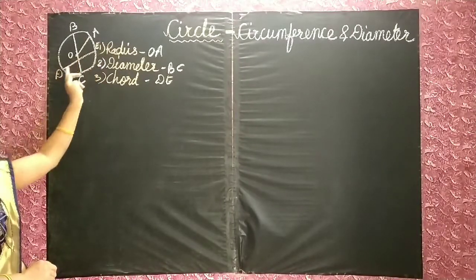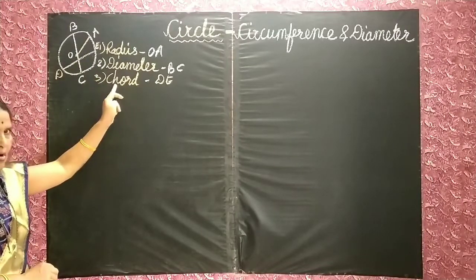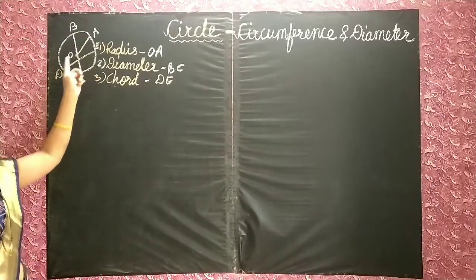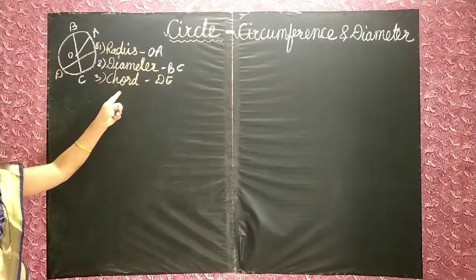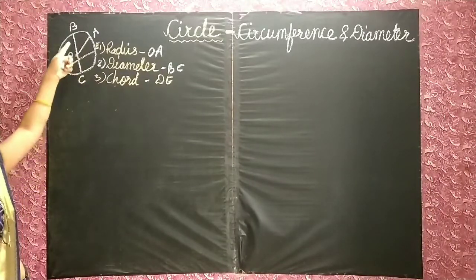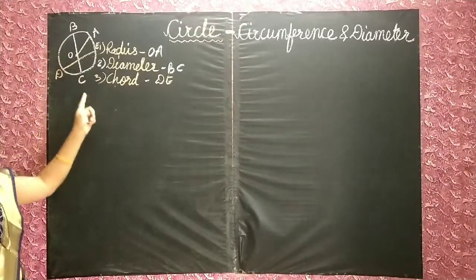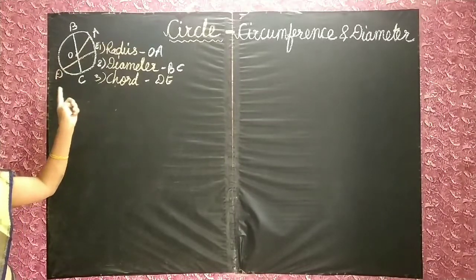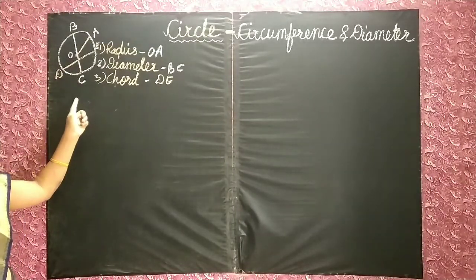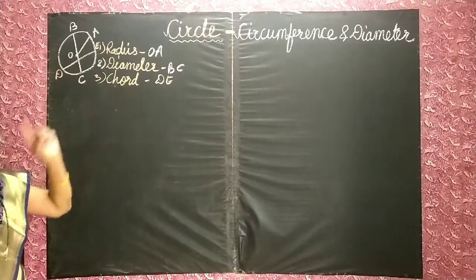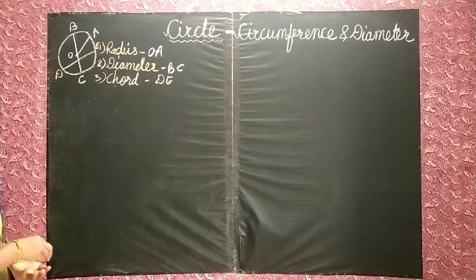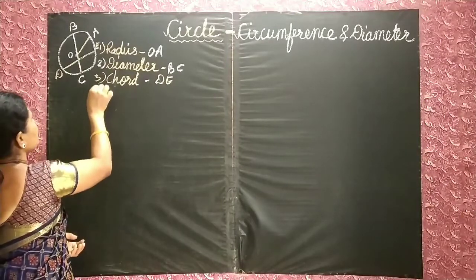Suppose DE is a chord of the circle. D and E are the endpoints of this chord, and these endpoints lie on the circle. Diameter BC is also a chord, and it is the longest chord of a circle. Got it?